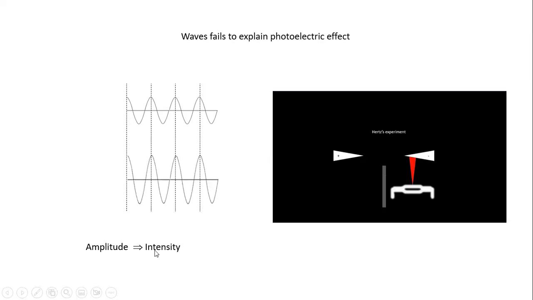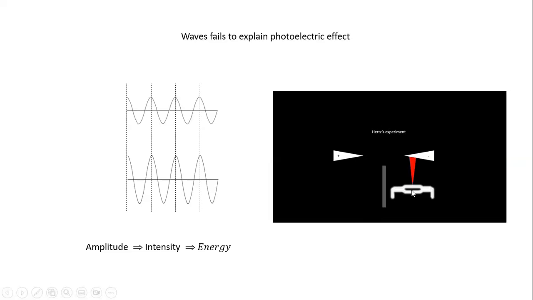When we increase the amplitude, we are increasing the intensity of the light, and when we increase the intensity, we are increasing the energy of the light. So from the wave theory, if I shine a red light and don't see sparks being emitted, I just have to increase the intensity of the red light.